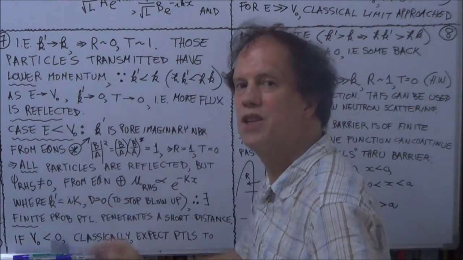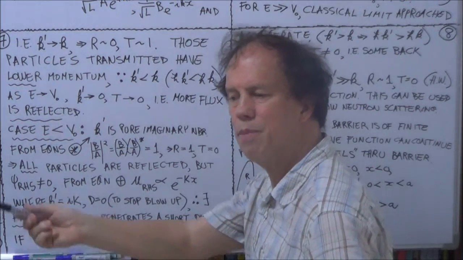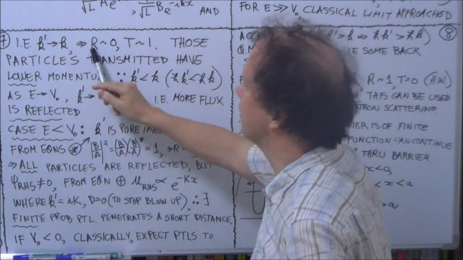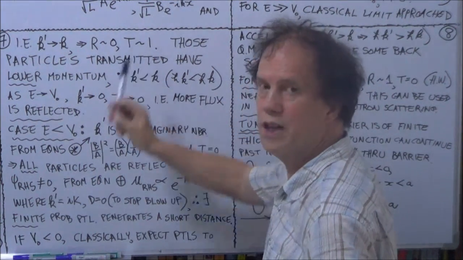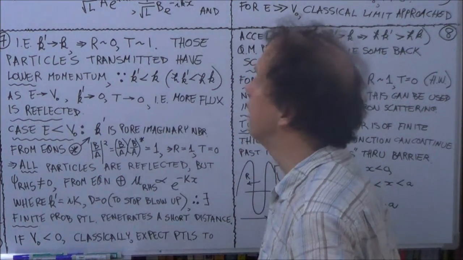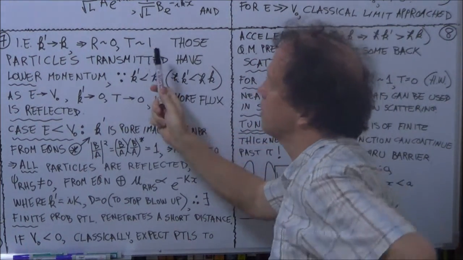This highly energetic wave meets this very small barrier, and it behaves as though the barrier almost is not there, right? So very little gets reflected, and T, the fraction of the flux that gets transmitted, approaches 1. So that's what you'd expect.